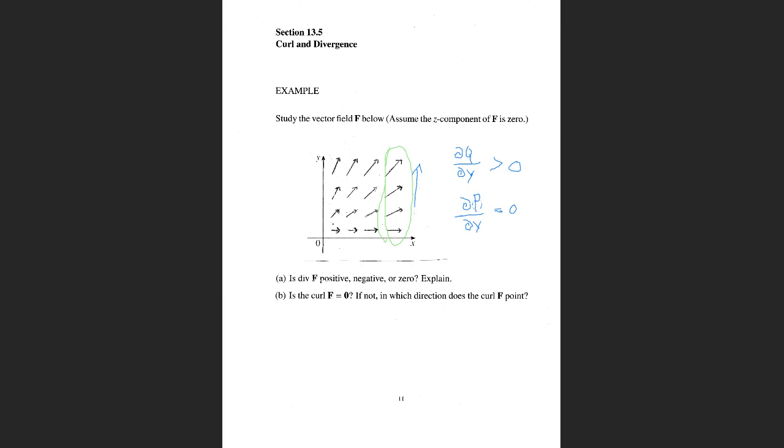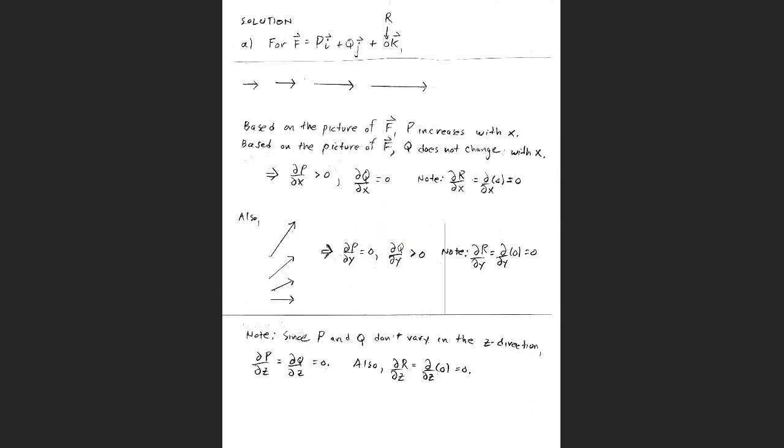The horizontal length is the same for the vectors, but the vertical length changes. And so we get down to this part. Partial derivative of p with respect to y equals 0. Partial derivative of q with respect to y is greater than 0. And then here's the partial derivative of r with respect to y. That would just be 0. Are there any questions so far?